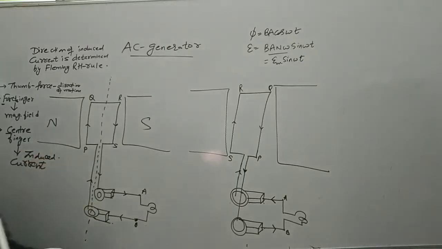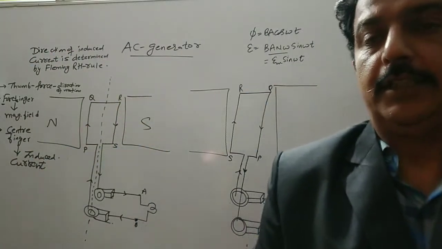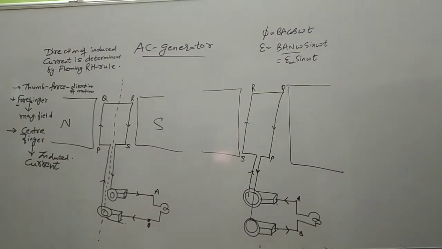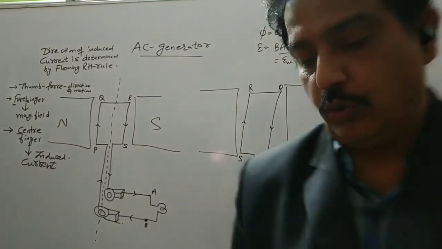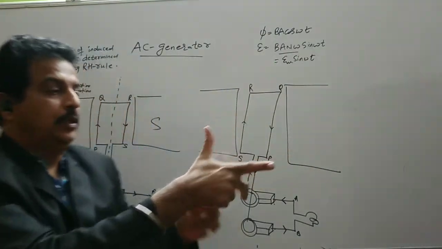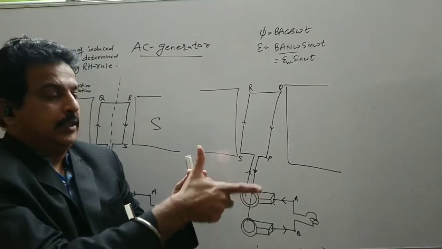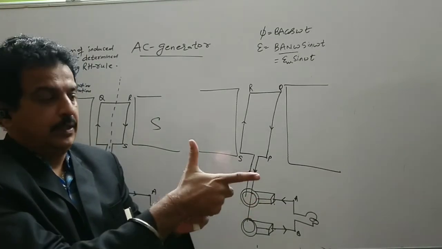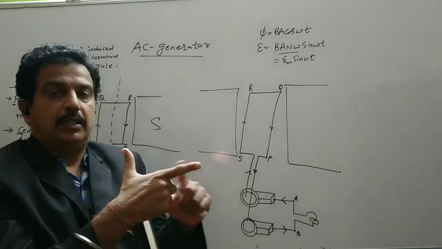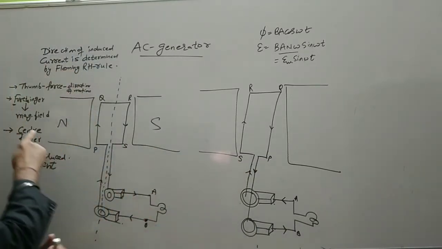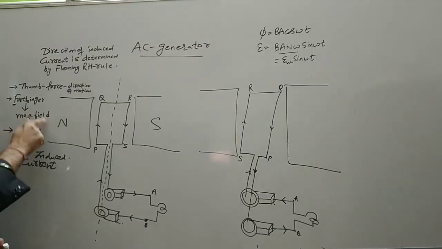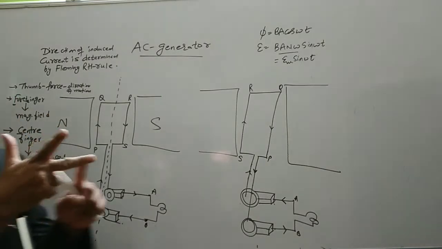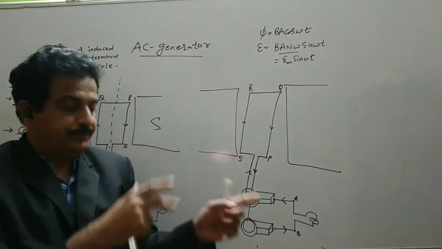So how will you determine the direction of the induced current? It is determined by Fleming's right hand rule. The thumb gives the direction of the motion of the coil, that is the force. Forefinger F is the field, magnetic field, and the central finger will give you the direction of the induced current.